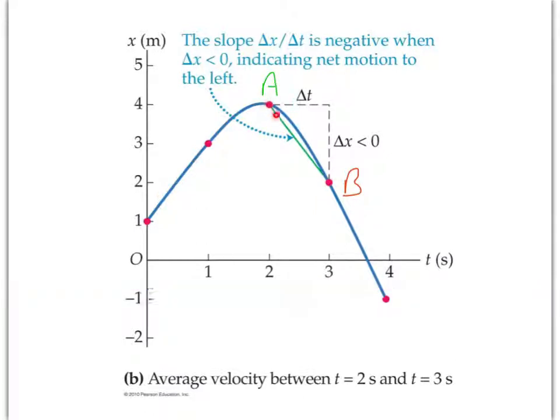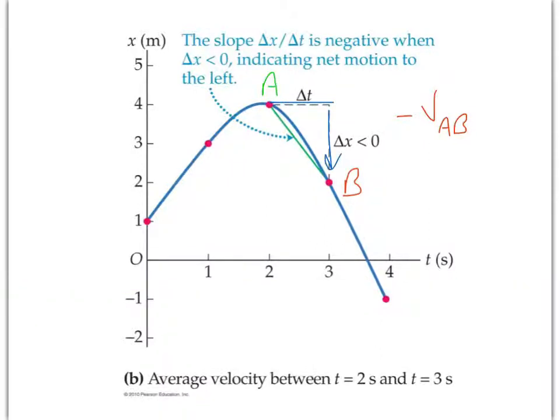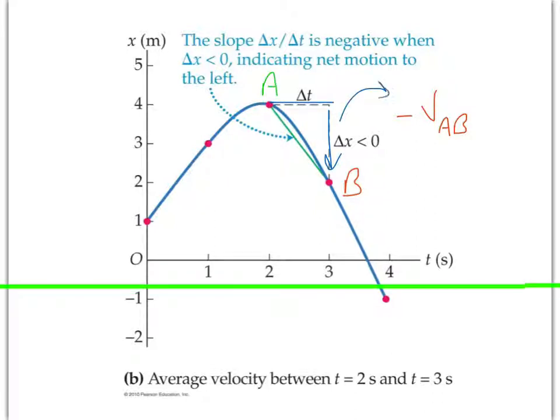If we draw an exactly straight line, a secant line, we're going to have a negative velocity between A and B. Even though we have a positive time interval, because time is never negative, time is always positive, we have a negative displacement. It's less than 0. Therefore our velocity for that time period is negative, whereas previously it was positive.